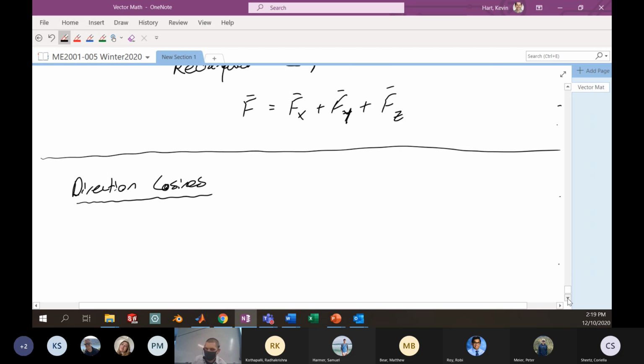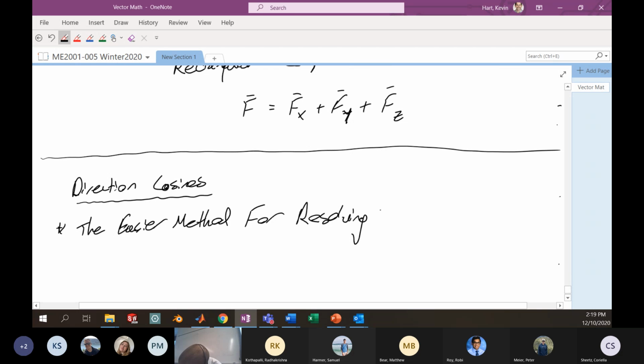So let's go back to 2D for a second so I can motivate this, and we'll say that the easier method for resolving forces into x, y, z directions uses direction cosines.